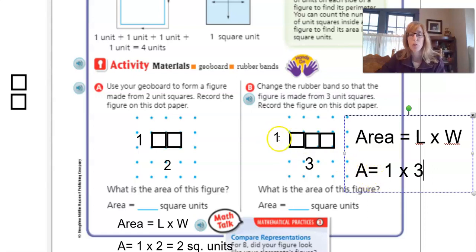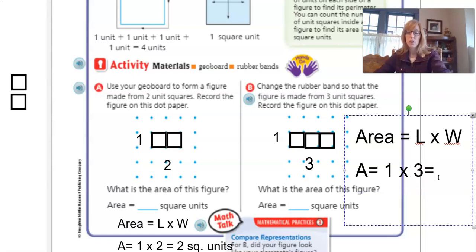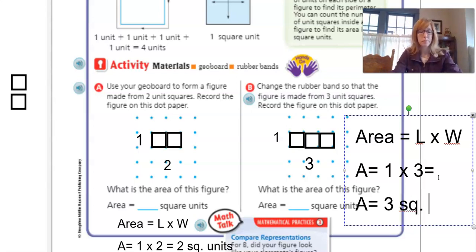So you have one group of 3. Area equals length times width. So 1 times 3. And that equals, what does 1 times 3 equal? Hopefully you see that area equals 3 square units.